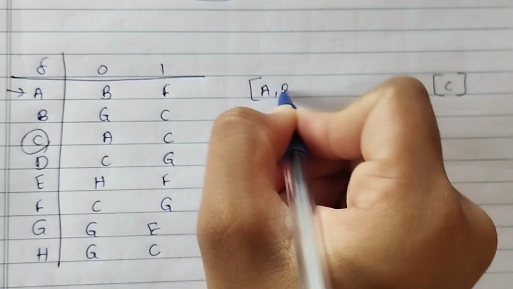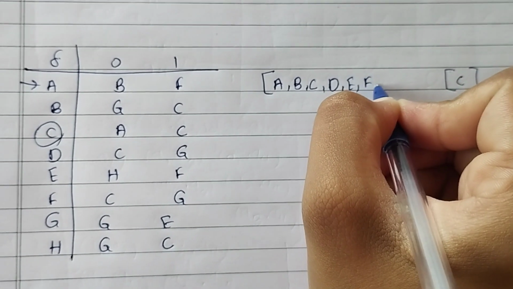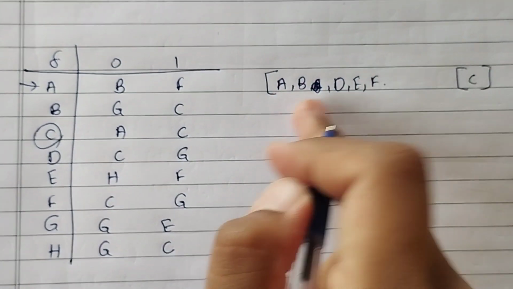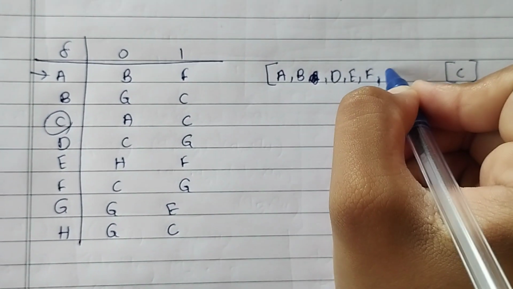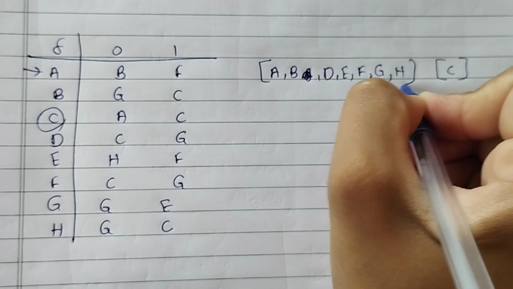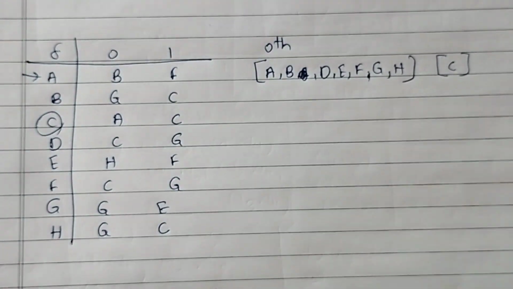So A, B, D, E, F, G and H. This C is not here because C is present in another group. So in the zeroth equivalent only 2 groups are present.